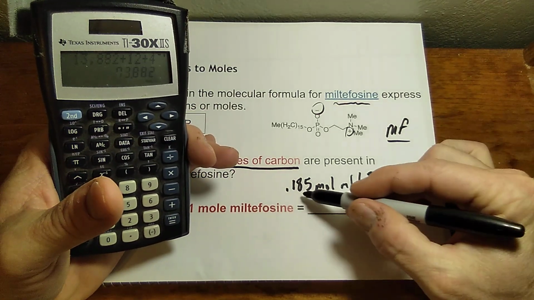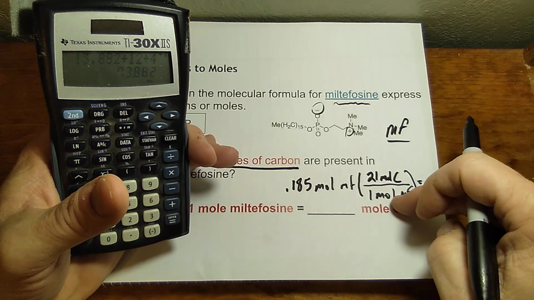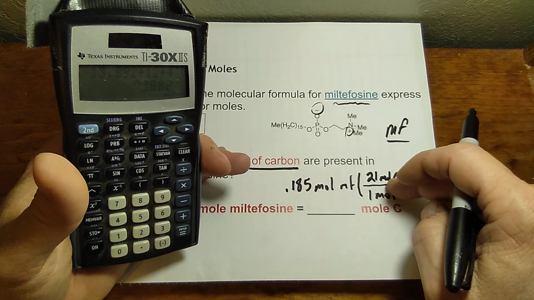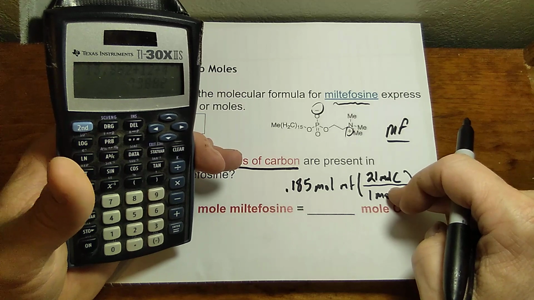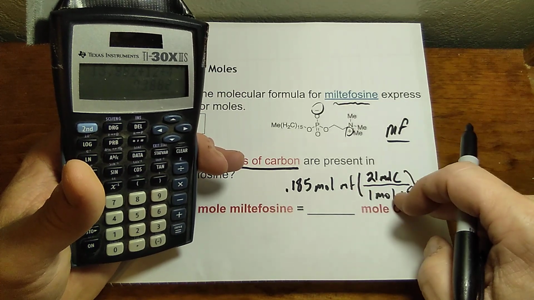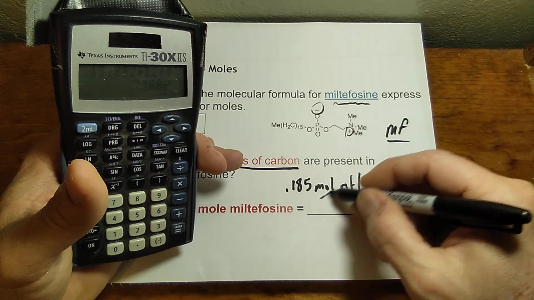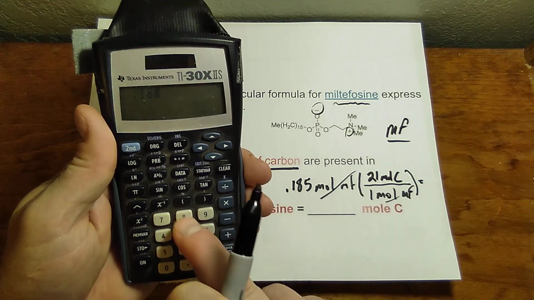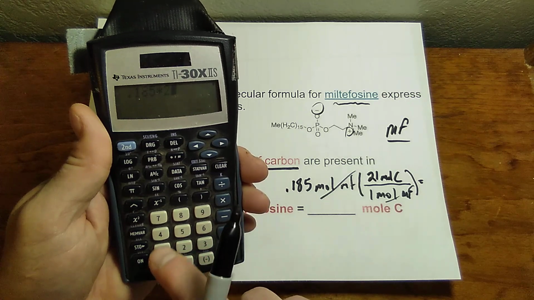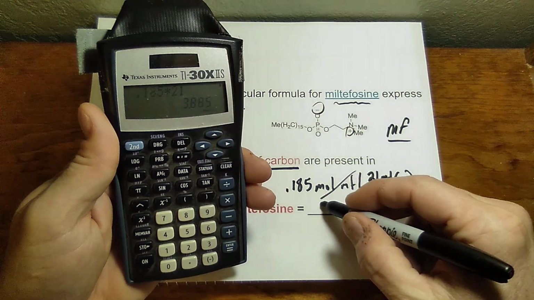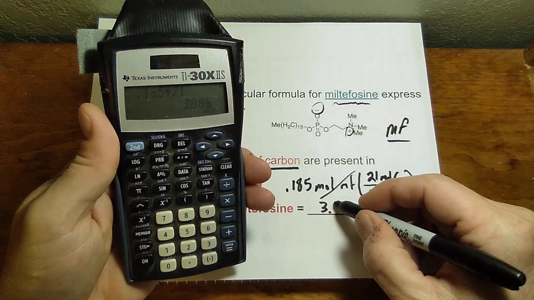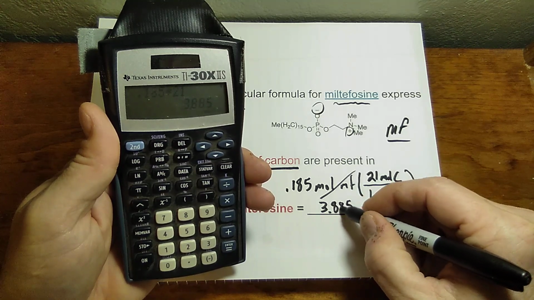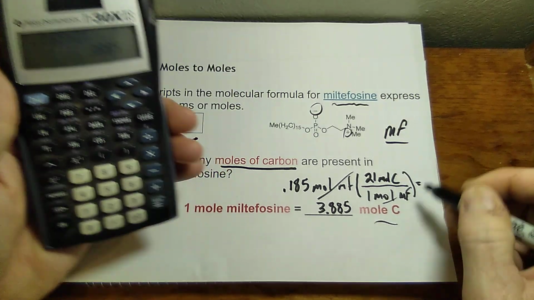This is kind of setting it up in a conversion-along-the-way format. You can do it other ways. But again, we tend to want to learn that language of dimensional analysis. So I put it that way, where we would cancel this and know that we're right. But let's take that 0.185 now times 21. We'd say now we know that in 0.185 moles of miltefosine, we have 3.885 moles of carbon.